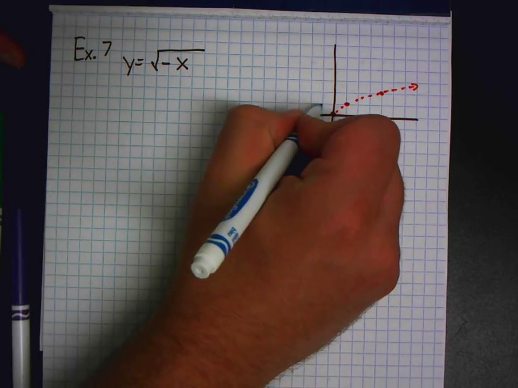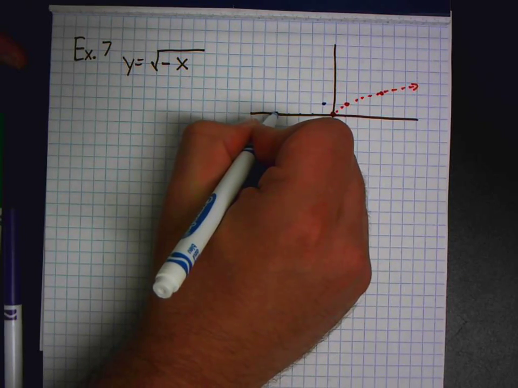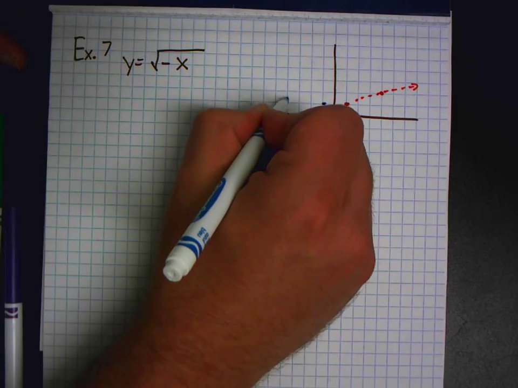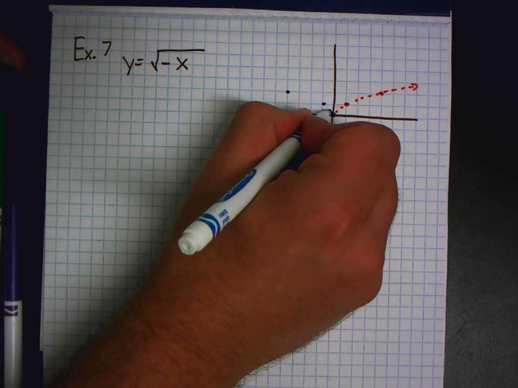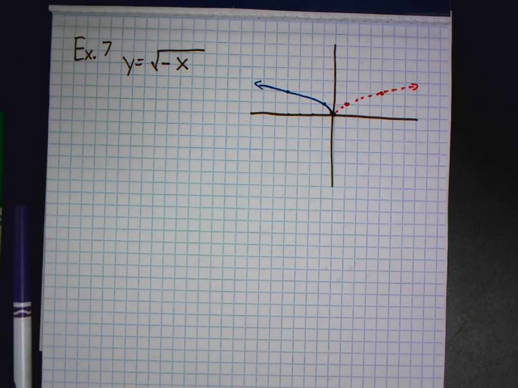So the negative would make my graph look like this. So that's the graph of square root of negative x. A negative inside of the function flips you horizontally, across the y-axis.